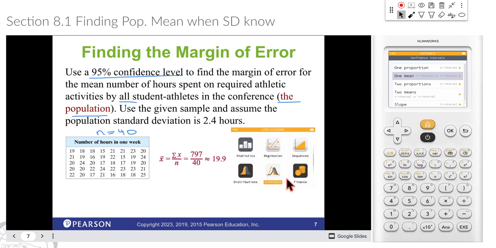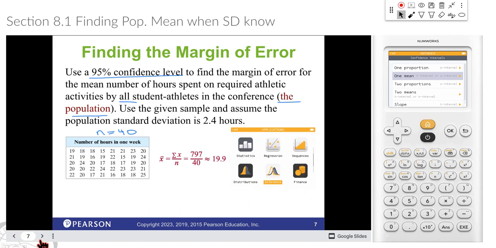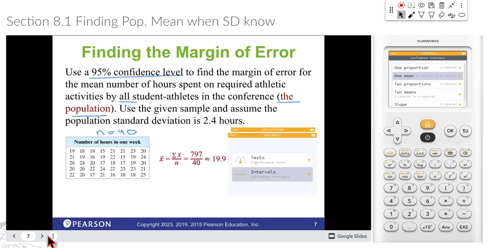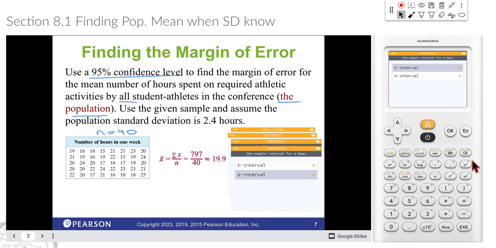So the steps I have labeled here, when you go into Canvas, you can click through here. You go to inference, then intervals, and then one mean. Then we click OK. What we want is the Z interval for this one.